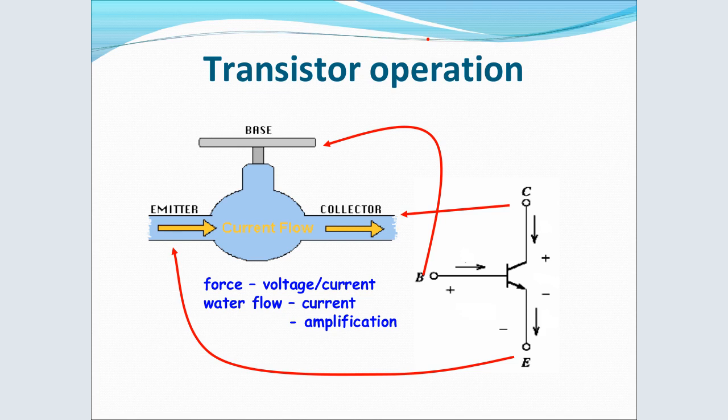So the ability of electrons to flow from the emitter to the collector through the base is what will determine the functionality of the transistor.